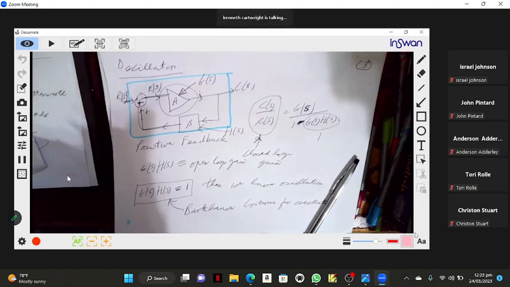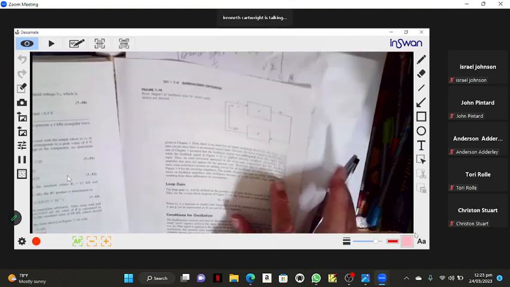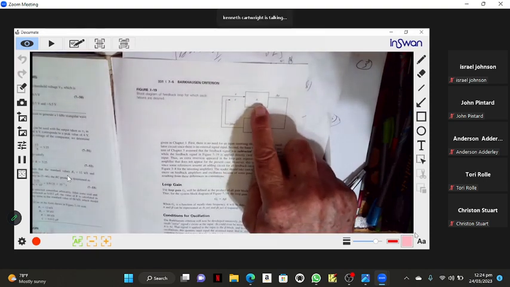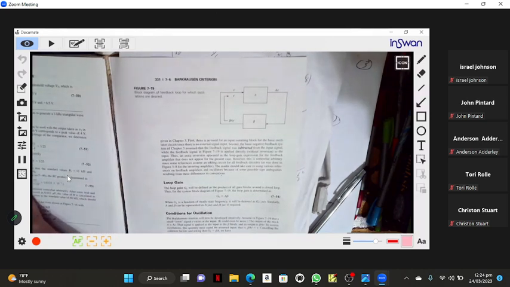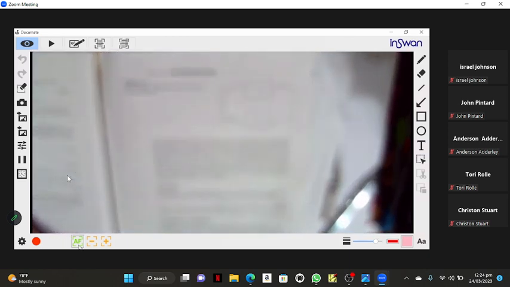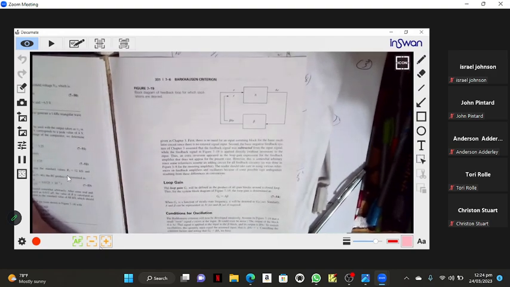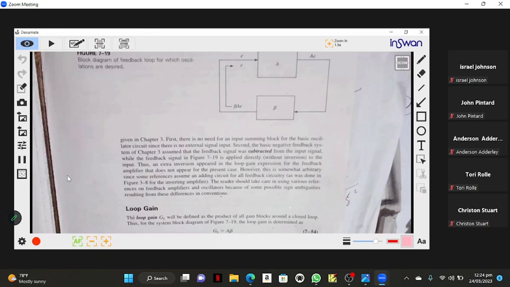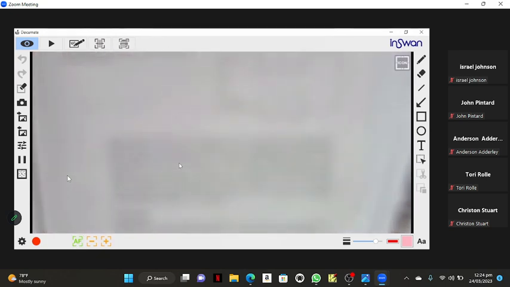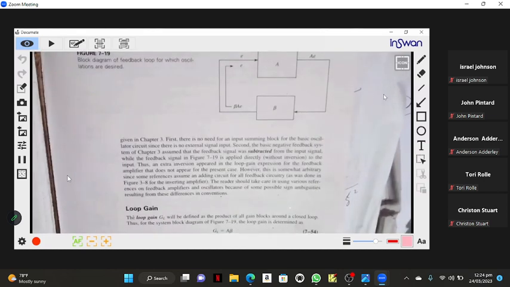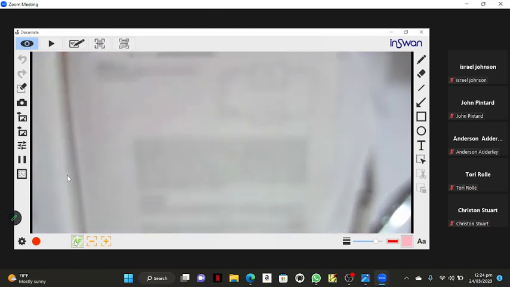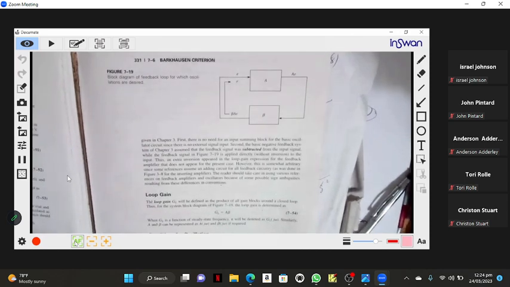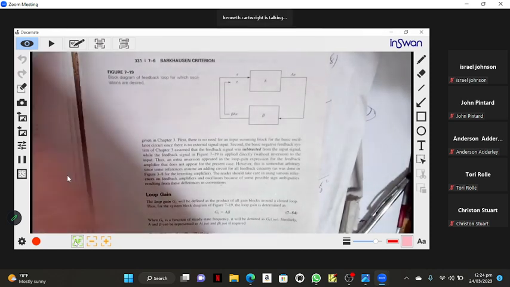Now, so here it is. A is a forward path gain.